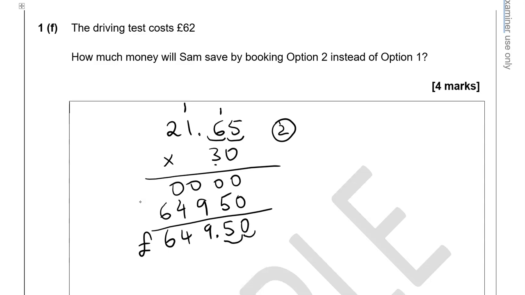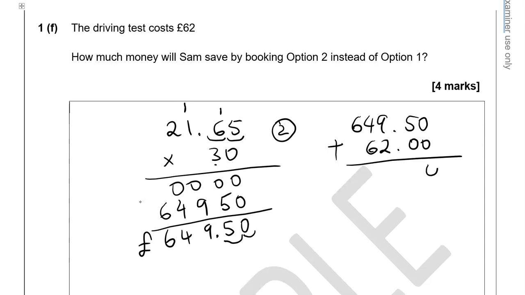Well, we need to add the driving test cost as well. So adding £62. So £711.50. So this is the total cost for option 1.